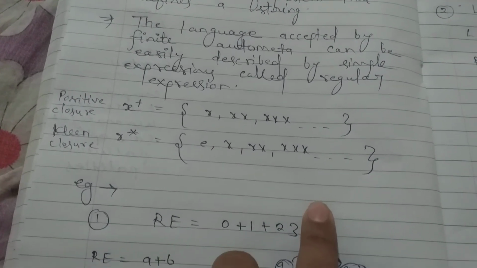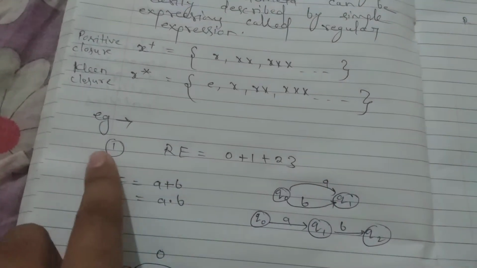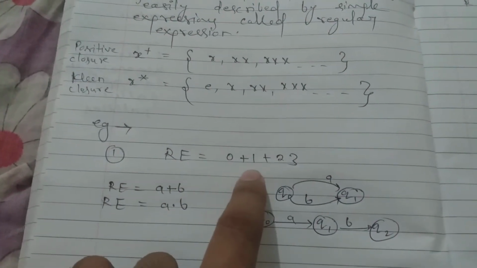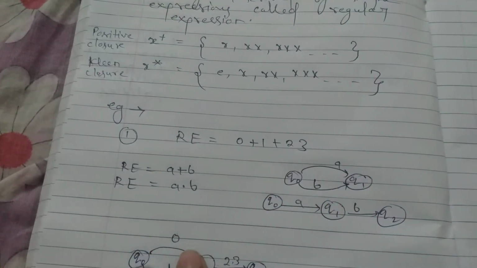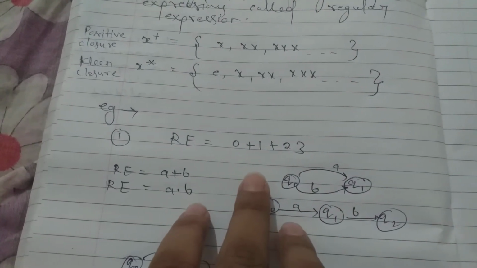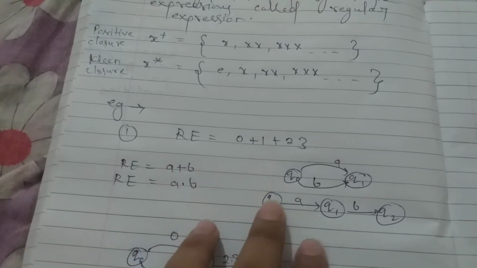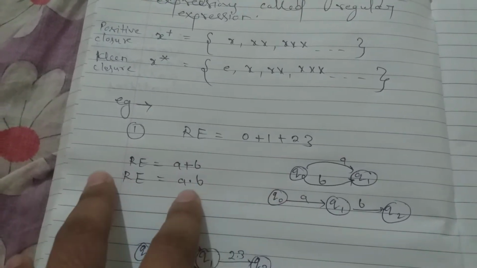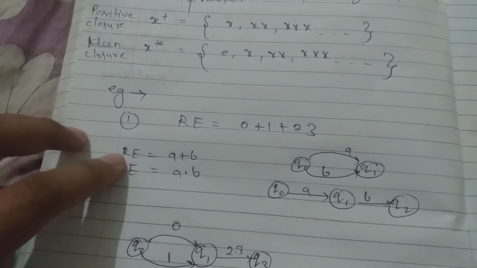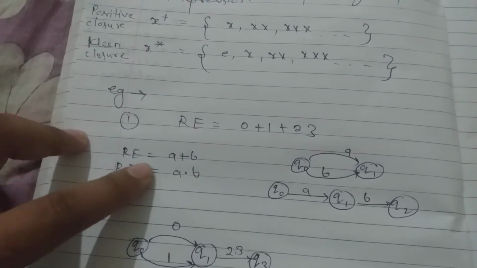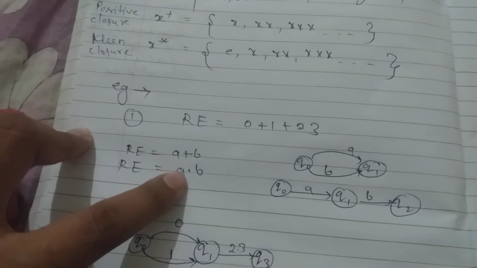So let us understand it. Let us take a regular expression 0 plus 1 plus 2 dot 3. So how can we make its pictorial representation? For creating its pictorial representation, we should have basic knowledge of how we split the plus and dot operators.